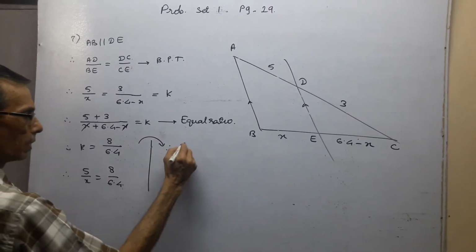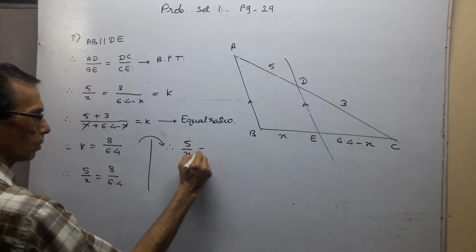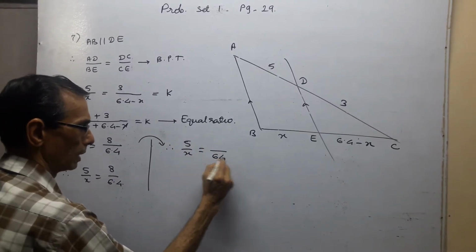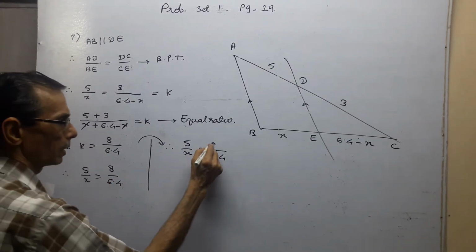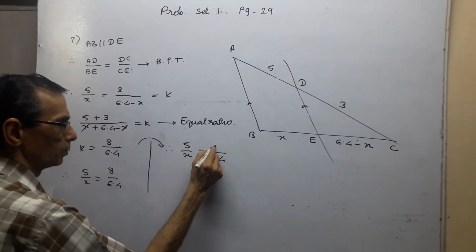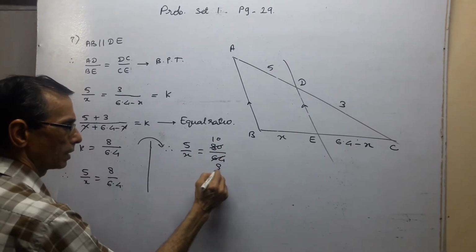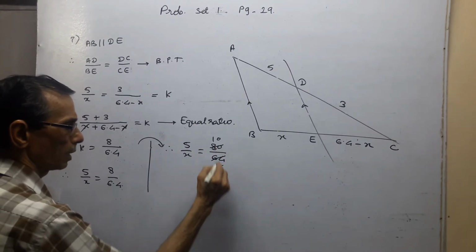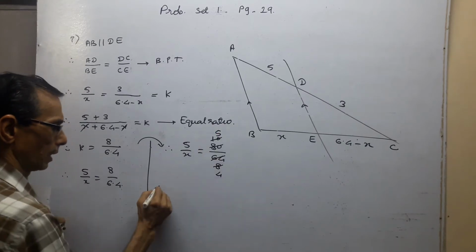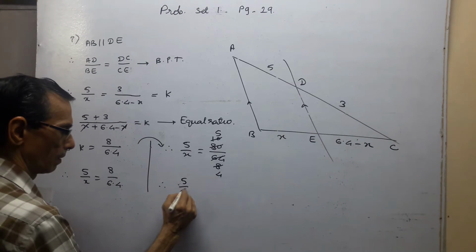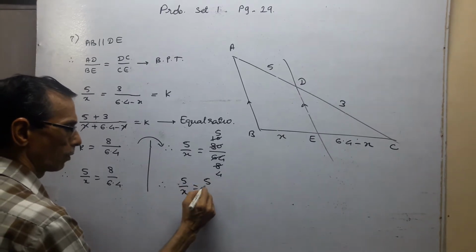Therefore 5 upon x is equal to, let's shift the decimal point by one digit, and in the numerator write 10, and therefore 8 ones are 8 and 0, and 8 8s are 64. Again 2 4s are 8 and 2 5s are 10, and therefore 5 upon x is equal to 5 upon 4.